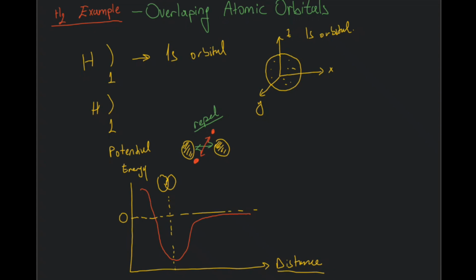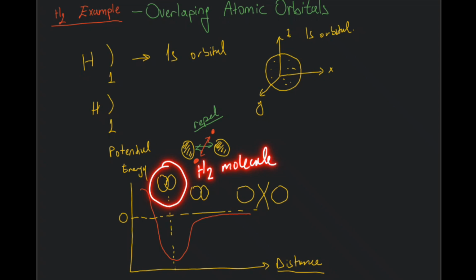If they are separated, the distance increases, and then at infinity they are separated and there will be no attraction between them. So this is the idea. This condition corresponds to substantial overlap of valence orbitals and the formation of a stable hydrogen molecule.